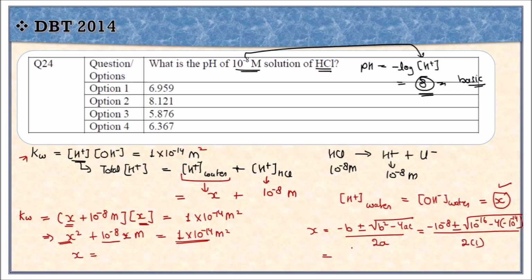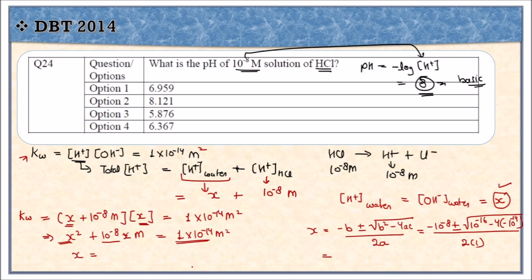Okay, so we have to solve this, so I'm using calci for this. So 10 to the power minus 16, minus minus becomes plus, so plus bracket 4 into 10 to the power minus 14. Okay, and whatever I'm getting, I will under root the answer, and this is 2 into 10 to the power minus 7.